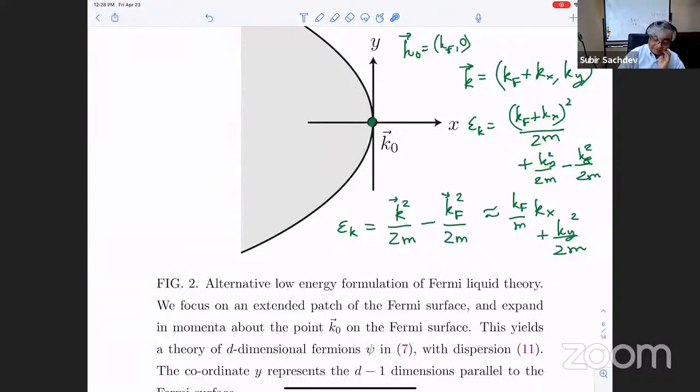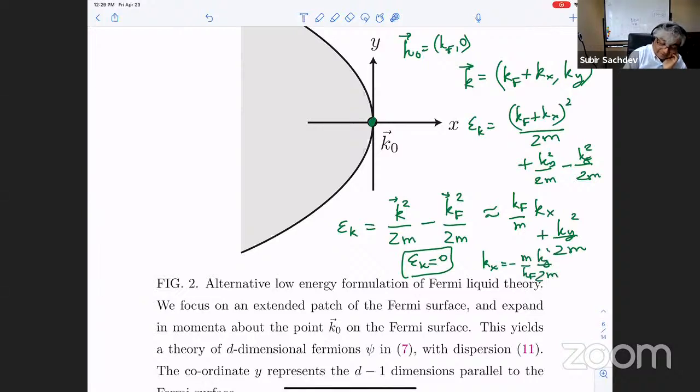And what's the equation of the Fermi surface? The equation of the Fermi surface is Ek equals 0, of course. And in this approximation, that's the equation of a parabola, not a circle. That tells me that kx is minus m over kf times ky squared over 2m.